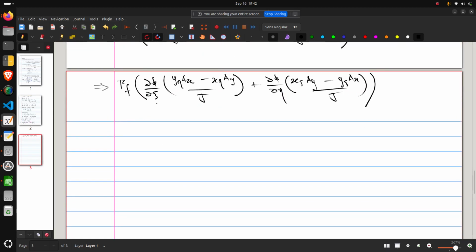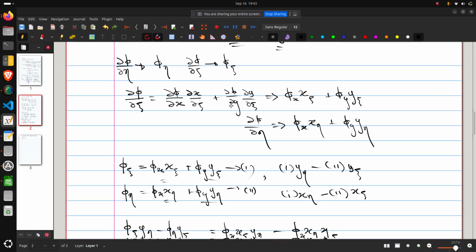Now that we have these things, let's write down the different terms that have come up. Okay, so here let's start with dou x dou psi, which is nothing but x psi coming from here. So what will it be?